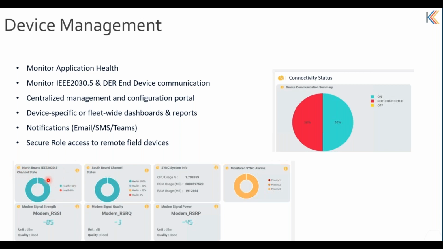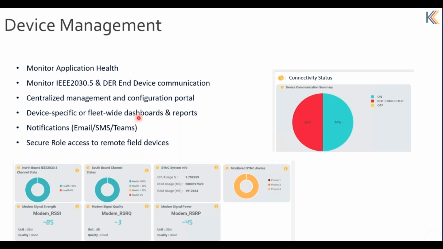It could be the 2030.5 communication with the utility, or communication with the inverter system for southbound communication. It can also be used for monitoring other health information from the system, like network signal strength or other alarms picked up from the device or from the Kalki software, and can be monitored on a dashboard.